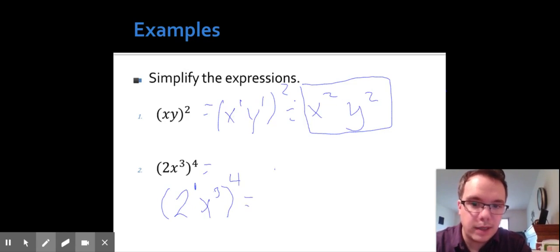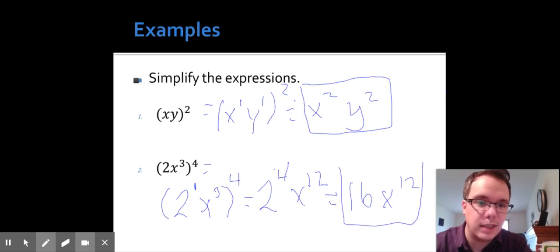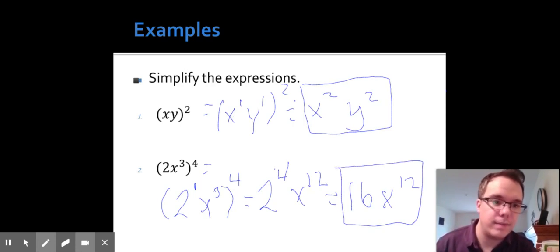If I do that, I'm going to get 2 to the 4th power, because 4 times 1 is 4, and x to the 12th power, because 4 times 3 is 12. Not quite done yet because we do know what 2 to the 4th power is. If I take 2 times 2 times 2 times 2, I get 16. And then x to the 12th doesn't get any simpler. So our answer here is 16x to the 12th.